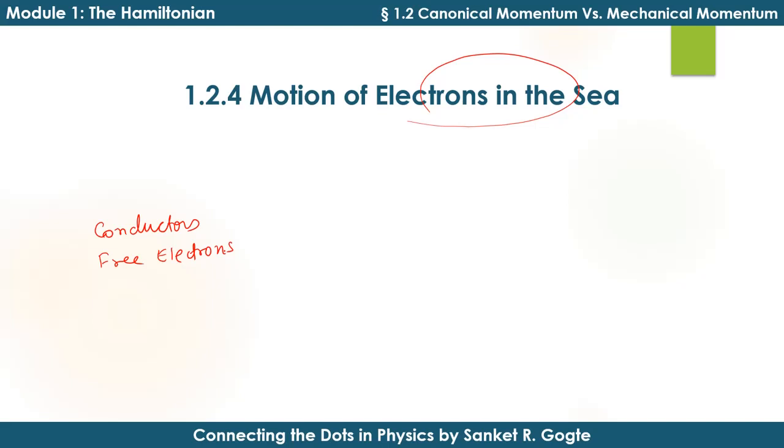If there is no external force applied, what happens is these electrons, by virtue of temperature, as long as the conductor is not at 0 Kelvin, which is not possible, are continuously in motion, and the whole situation is random. So you have a piece of conductor and there are atoms, these sites.